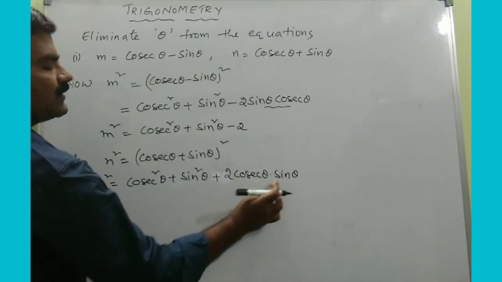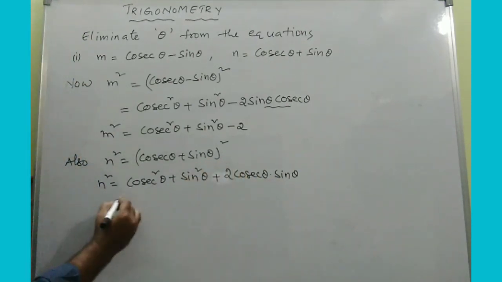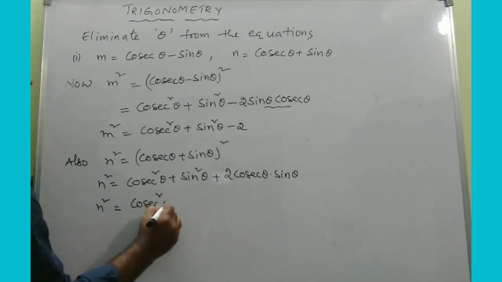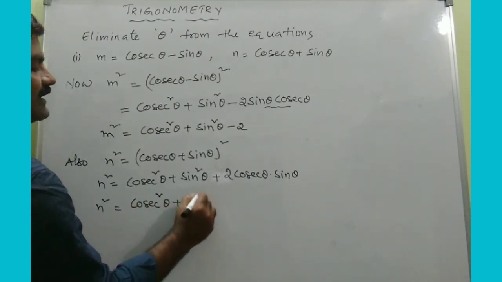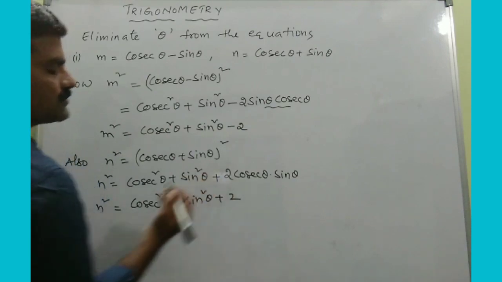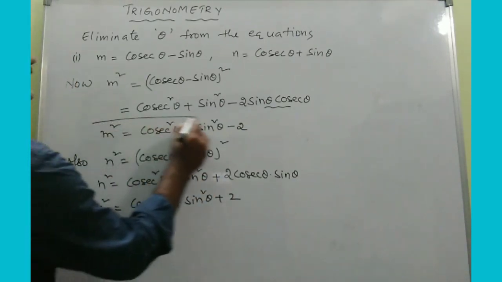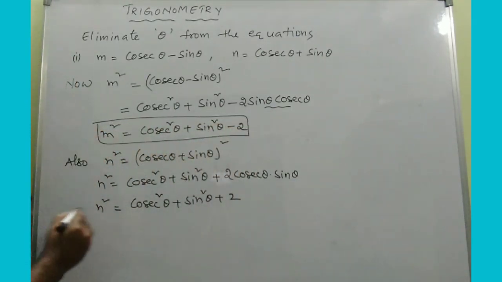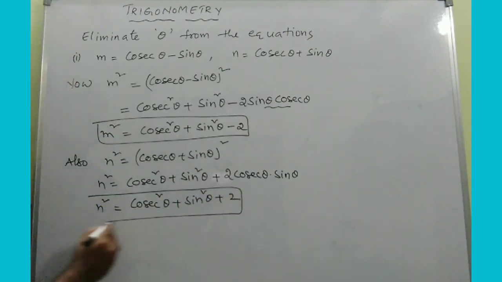So once again the product of sin into cosecant is 1. Hence n square is equal to cosecant square theta plus sin square theta plus 2. So this is the value of m square, whereas this is n square.